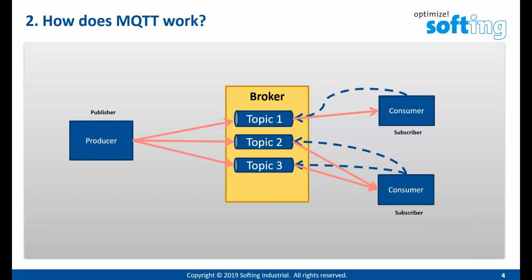The publisher is the part that generates and sends the data to the broker, and the subscribers are the part which are interested in the messages or only in specific messages, and they do a subscription on the broker, and the broker will send the message as soon as they are available to the subscribers.